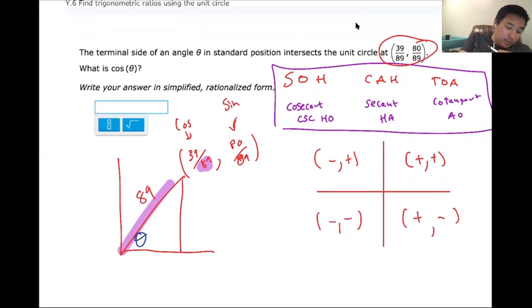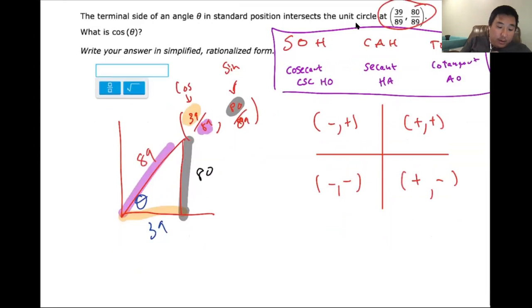This is the adjacent, that's 39. And the opposite, right here, is 80. So if you want to know the point, you've got A over H, O over H. So right here, we want to find the cosine, so it's just going to be the first one, 39 divided by 89.